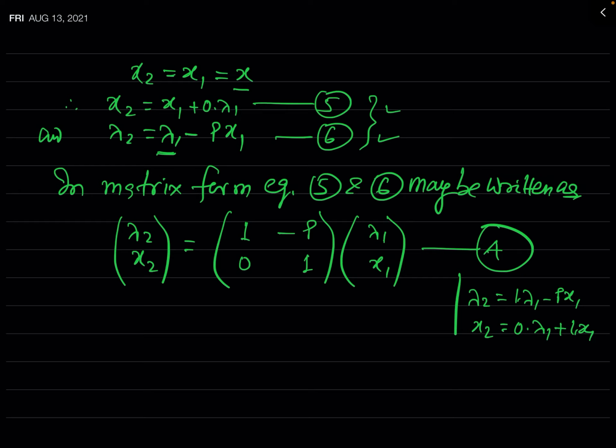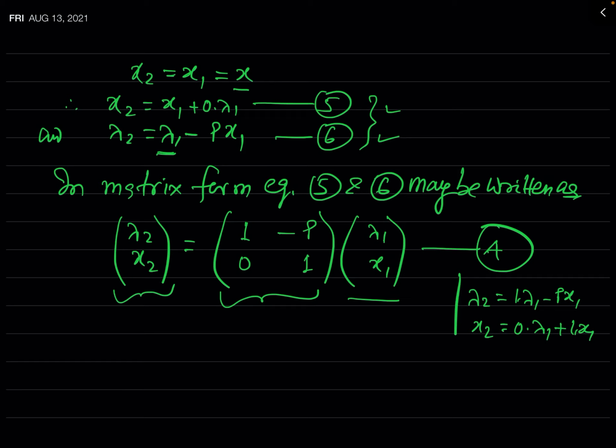So you can see what is the effect of this process of refraction. The effect of this process of refraction can be represented by this 2 by 2 matrix. Here the column matrix lambda 1 x1 on the RHS represents the incident ray, and the column matrix lambda 2 x2 on the LHS represents the refracted ray.